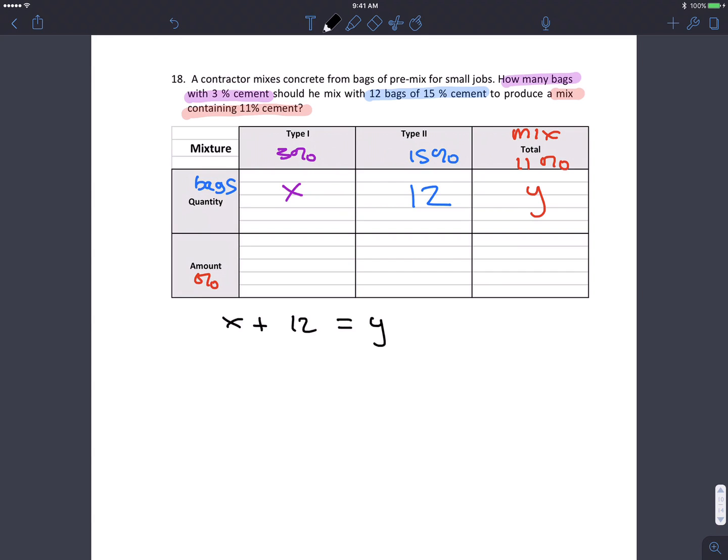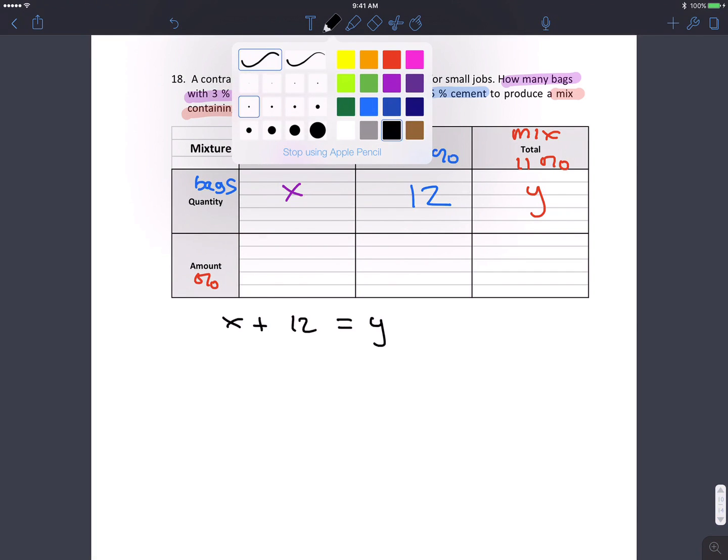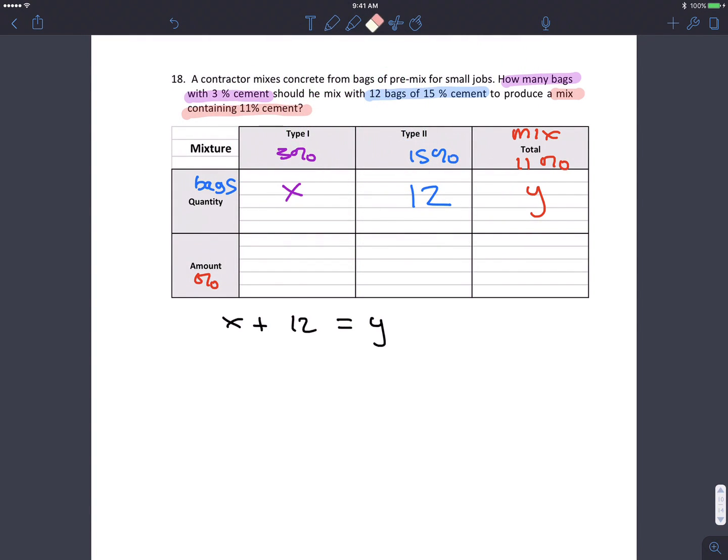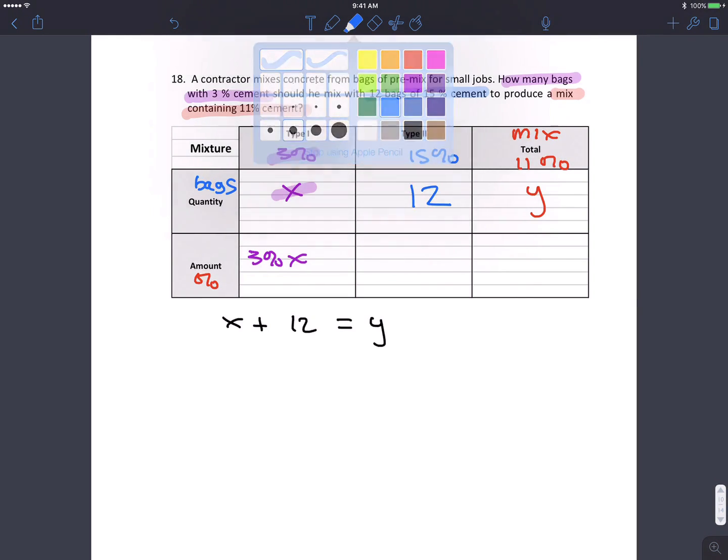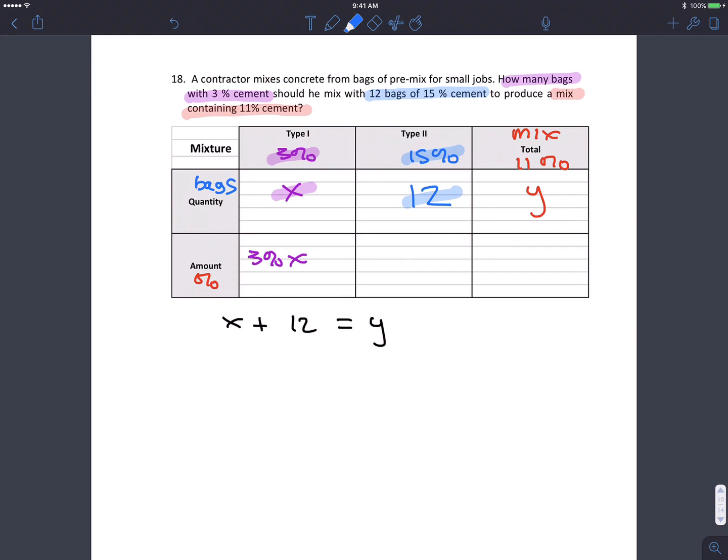The second equation is the following. We're going to look at the percent. So this is easy. Just take your 3% and multiply it to X. So 3% of X. Take your 15%, multiply it to 12. 15% of 12.